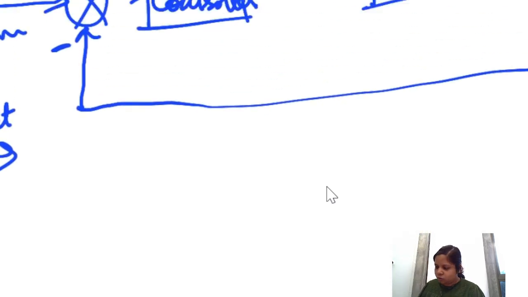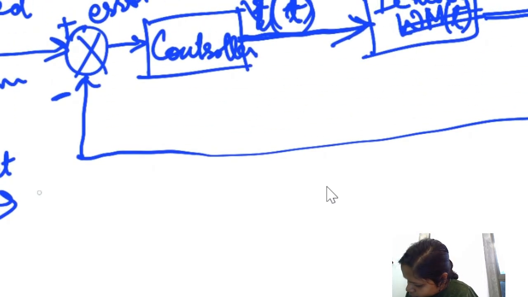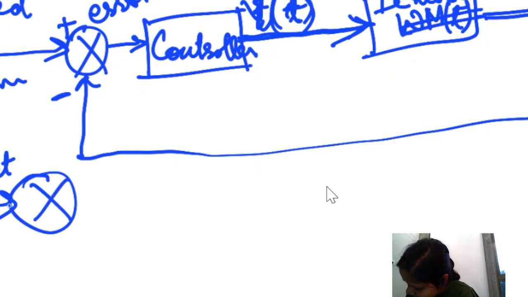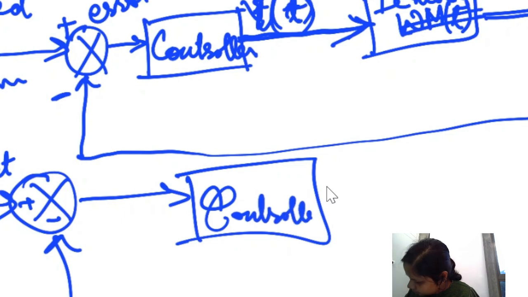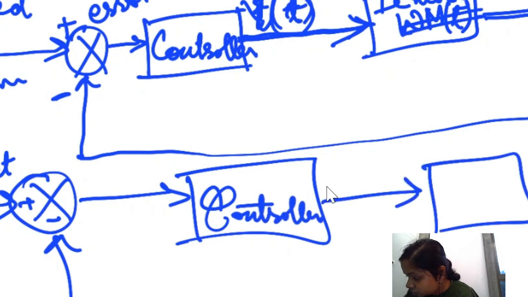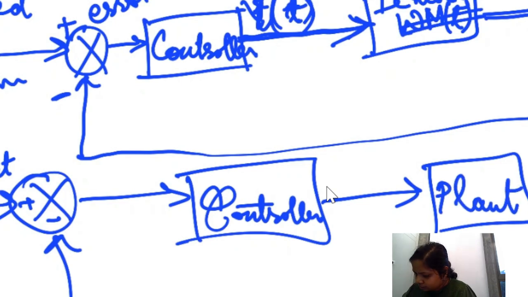Okay. So what we have is the reference input. Then there is this error. There is a controller over here. Then there is your plant or system, or this could be a DC motor.